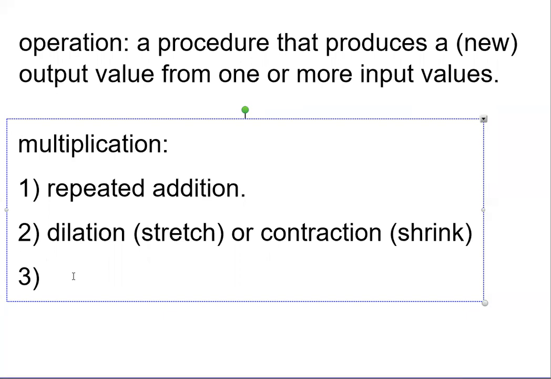All right, our third definition of multiplication is actually more fundamental than dilation or contraction. Historically, whether it's the place value system or the Roman numeral, XXX for 30, repeated addition is kind of the beginning of multiplication.